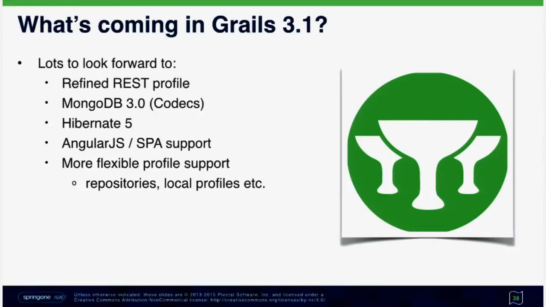Then we're upgrading to MongoDB 3 and Hibernate 5. Any MongoDB users in here? A few, yeah. So MongoDB 3 introduced the notion of codecs, the new driver. When I say MongoDB 3, I'm referring to the MongoDB 3 Java driver.